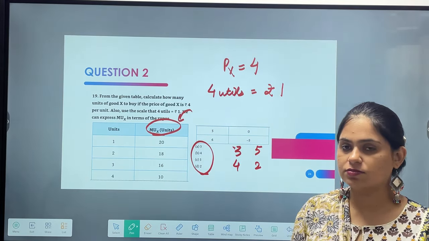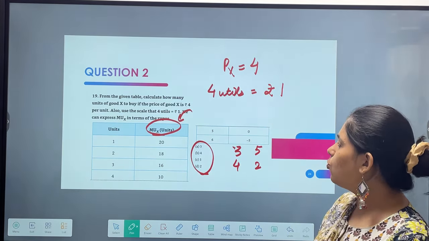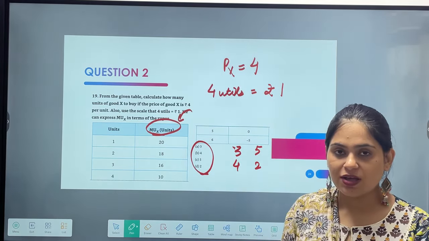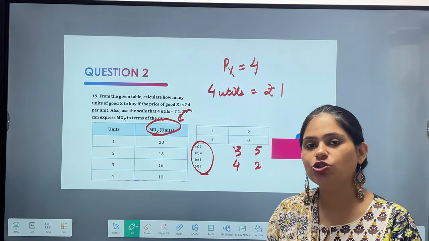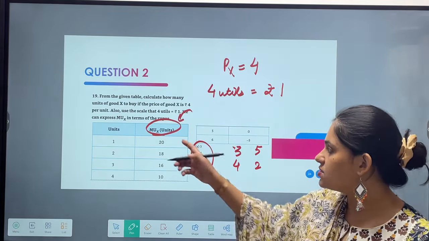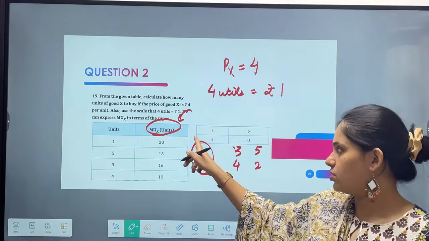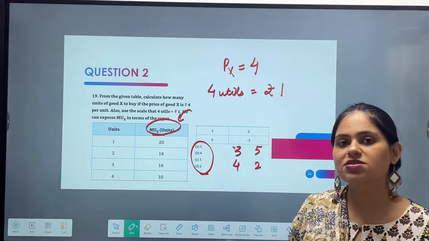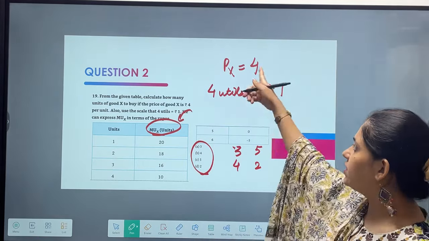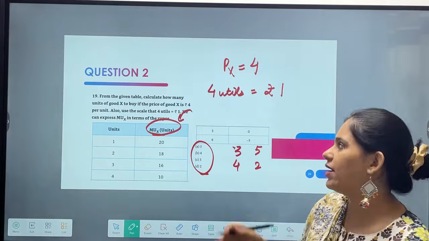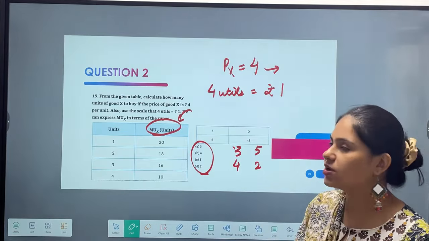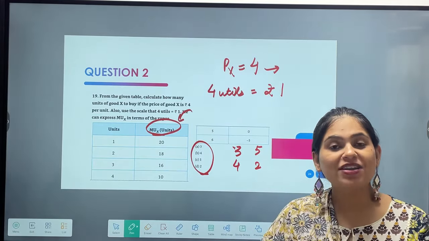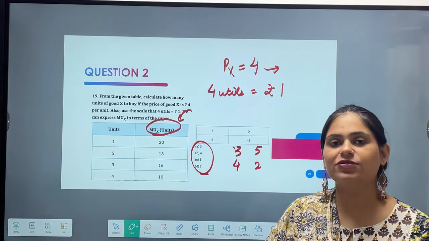So what you can go ahead and do is, you can just go ahead and check. This is my marginal utility in terms of units. Either I can convert this in terms of rupees and then I can see where it is equal to the price, or I can convert this in terms of marginal utility and I can see where the two are equal, where my marginal utility of money is equal to the marginal utility of the commodity. So either way you will get the same answer.